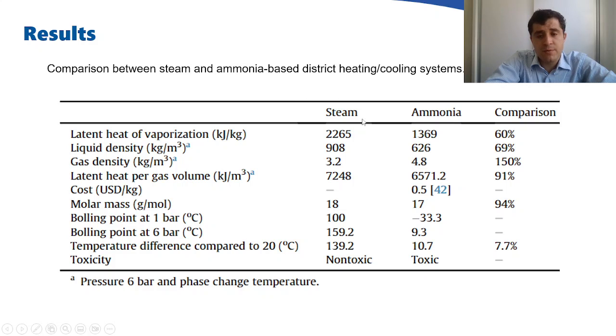Comparing with steam, steam is the most used element to distribute heating in a district heating system. Ammonia I'm proposing here for district cooling. The latent heat of ammonia is 60% smaller. The liquid density is smaller also. However, the gas density is 50% higher than steam, which is great because the more challenging part is to transport the gas, because of its lower density.